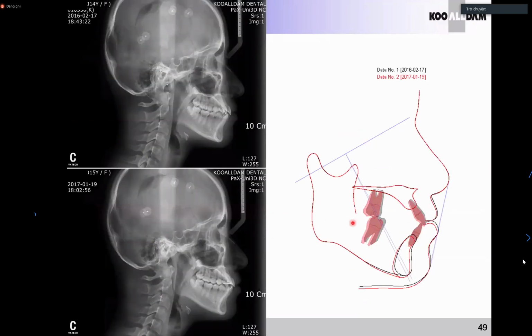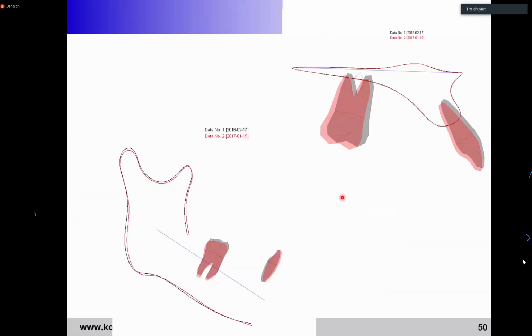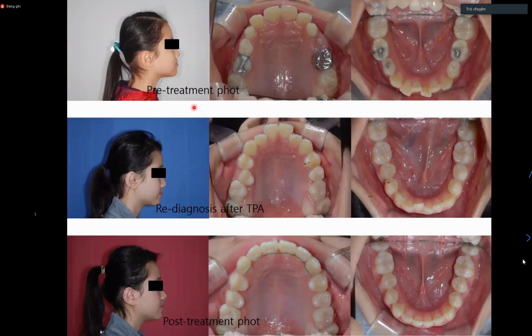Okay, like this. This is the pre-treatment photo, after inserting the TPA, and this is the post-treatment photo. How about the profile?